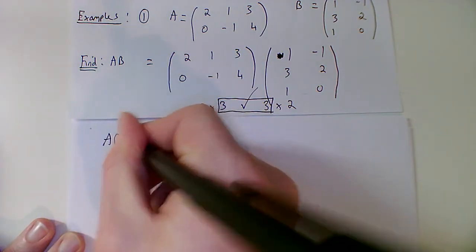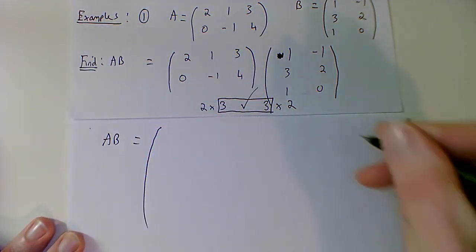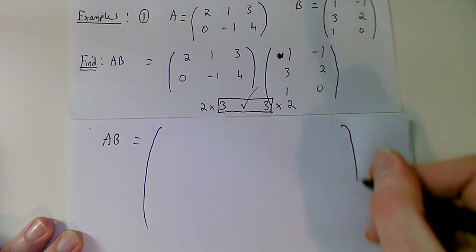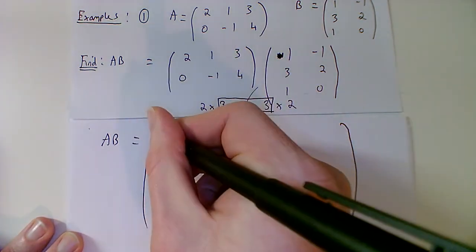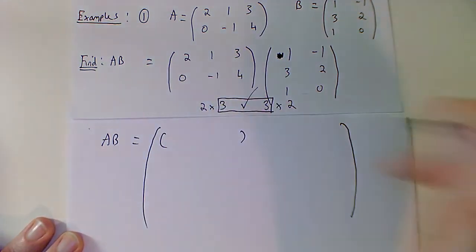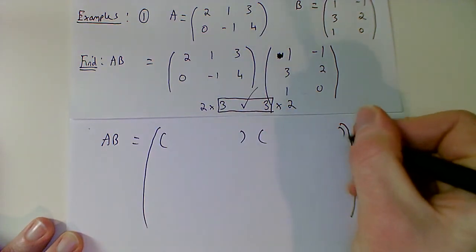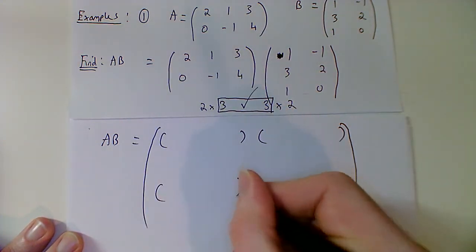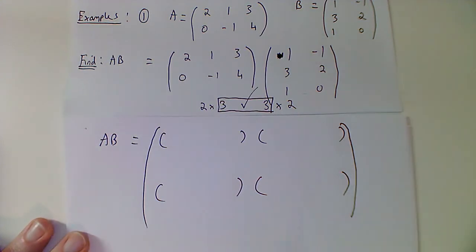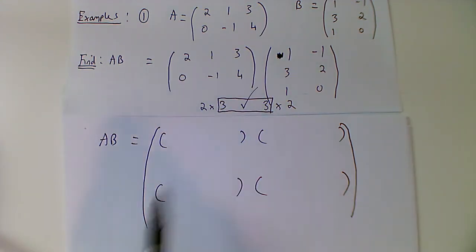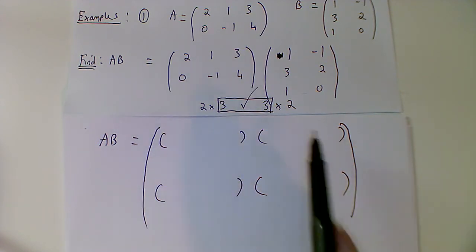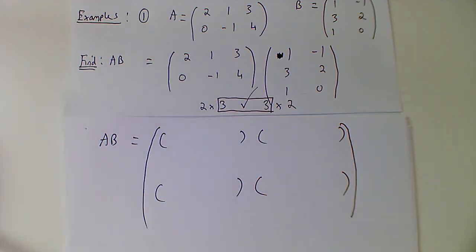Okay, so I know that my next line, set up a big matrix. That's a bit mad, but hey, let's do it anyway. So you're going to have a 2 by 2 matrix. That's one of your elements, that's one of your elements, that's one of your elements, and that's one of your elements.